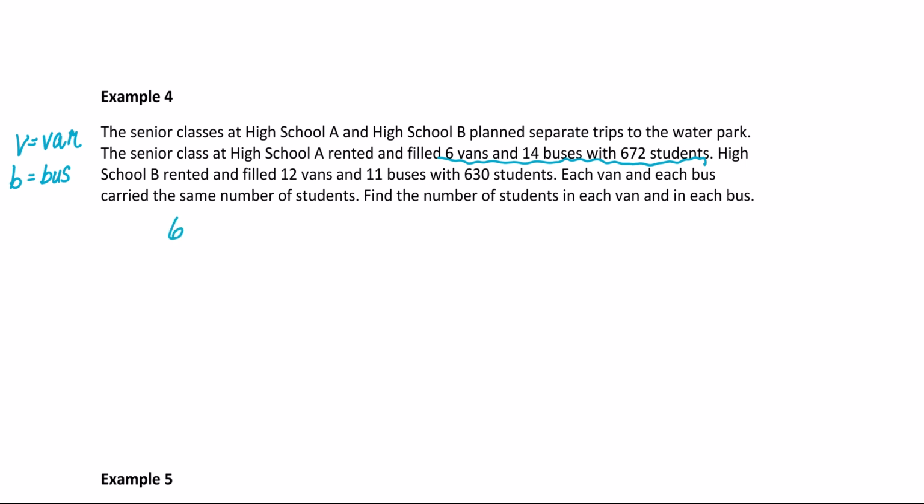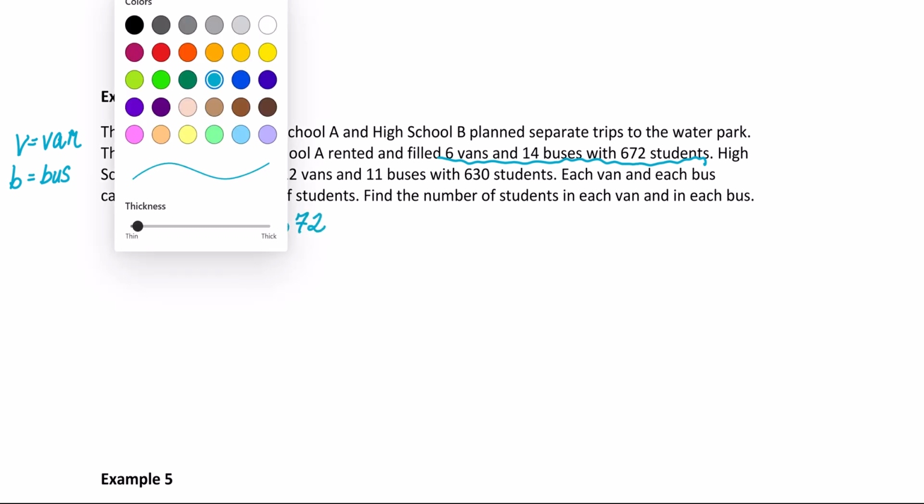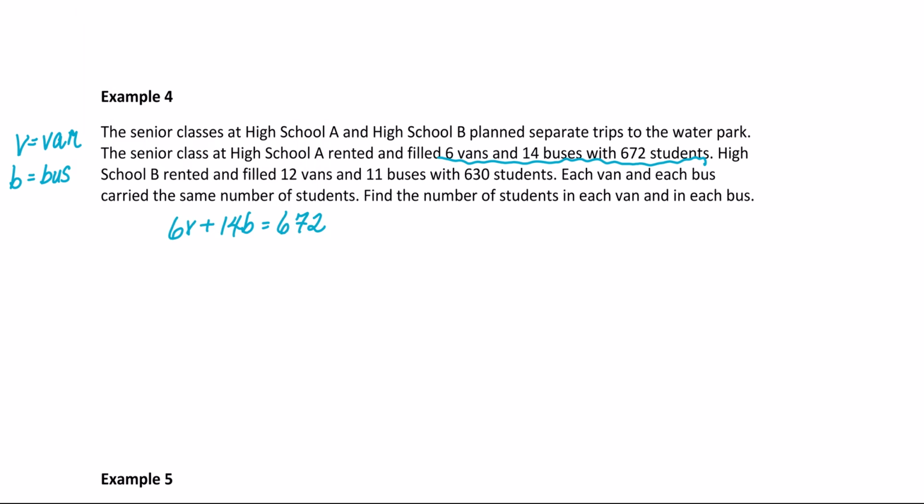So 7V plus 14B was a total of 672 students. High school B rented 12 vans and 11 buses, so 12V plus 11B equals 630.